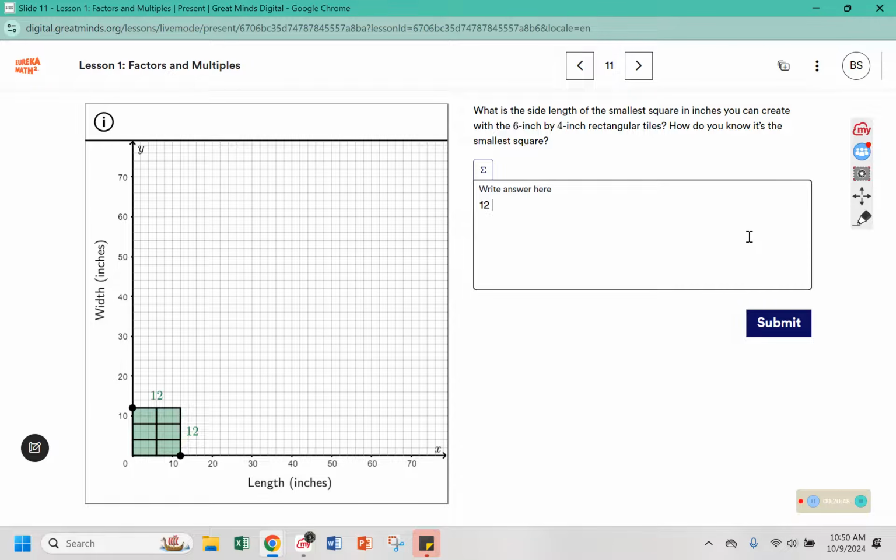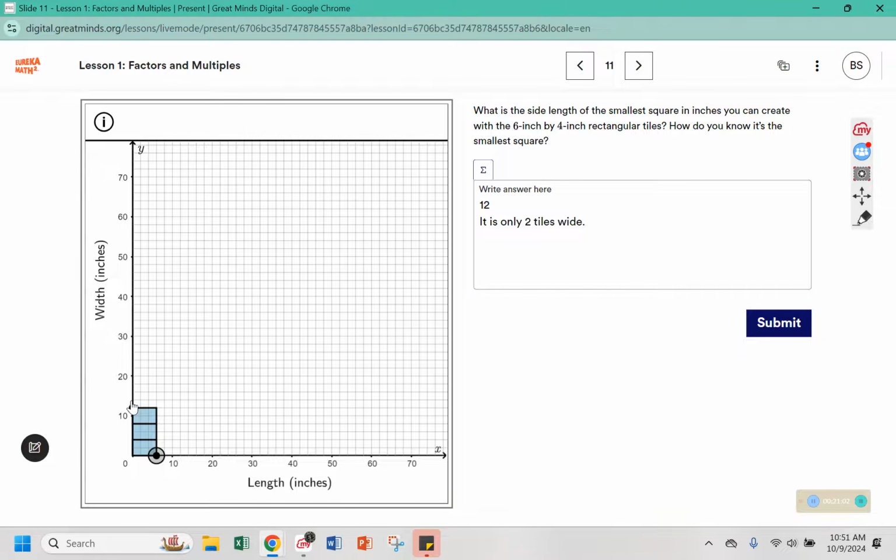And how do we know it's the smallest square? It is only 2 tiles wide. If it were 1 tile wide, it would be 4 inches wide, but we can't get a 4 by 4 because it's 6 across.